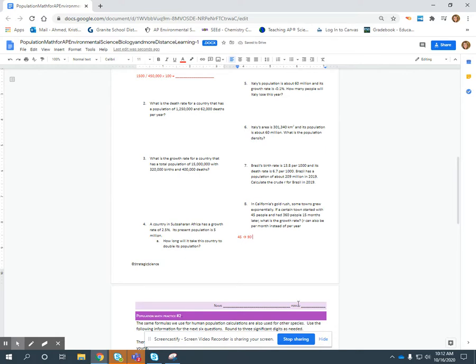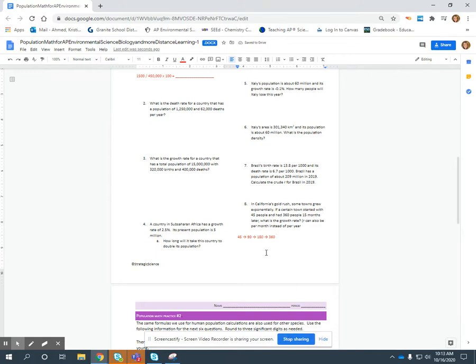We ended up with 360, so we have to double it again. 90 times 2, if we double that number, that would be 180. And again, we had more than 180. We had 360, so we have to double our population again. So 180 times 2, that would be 360 people.